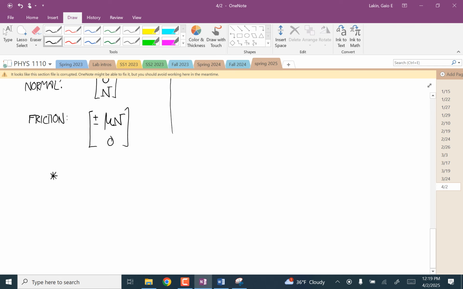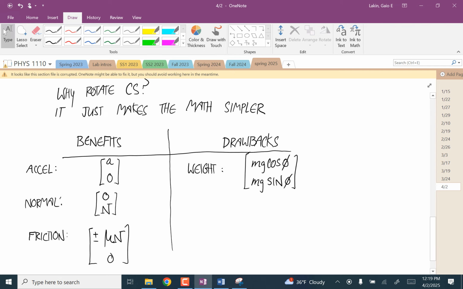So I want you to notice that angle phi that we're using in the weight here.